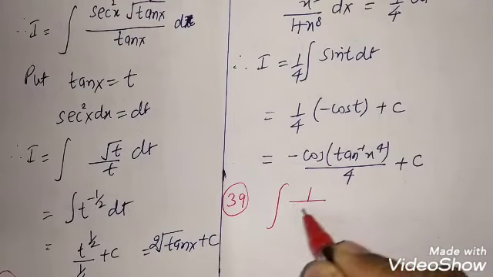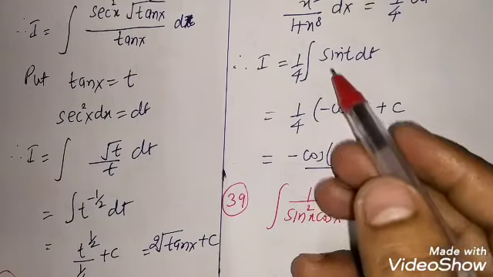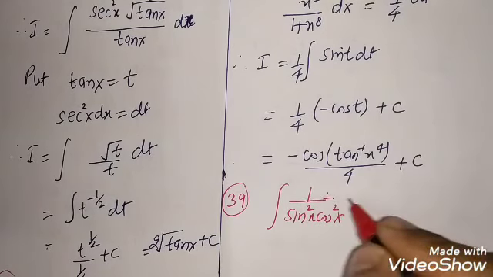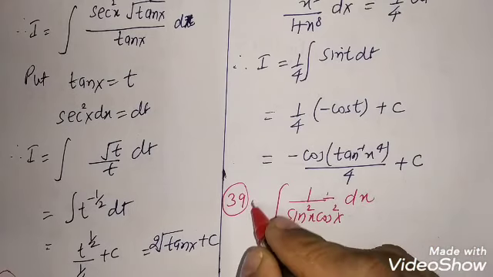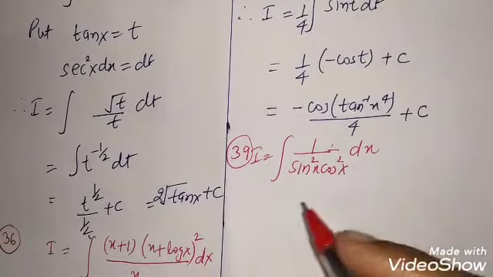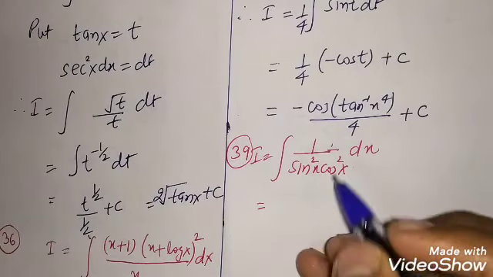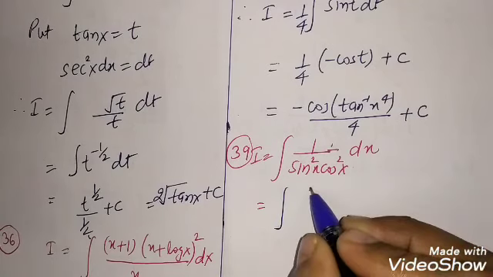Integration of 1 upon sine square x cos square x. I am saying this is the last question, but I am doing one more question for you. Remember one thing in this particular question: put 1 to be sine square x plus cos square x. Then you will get the answer.